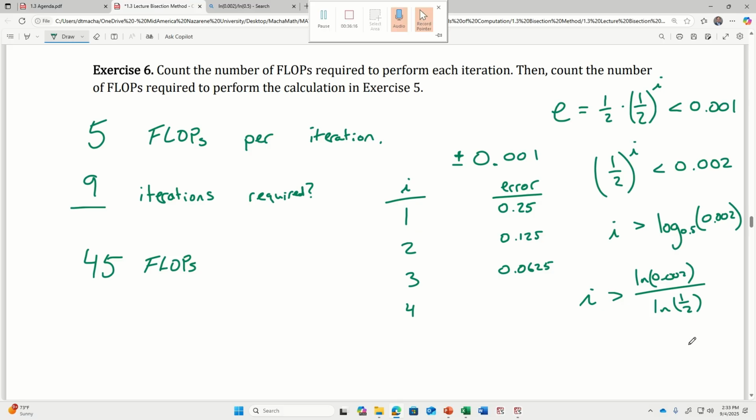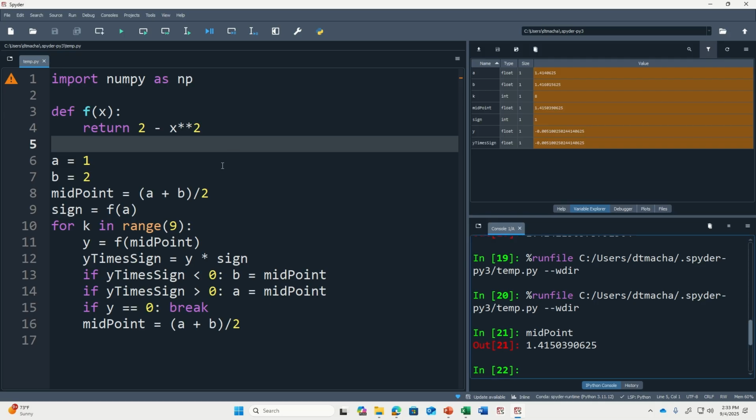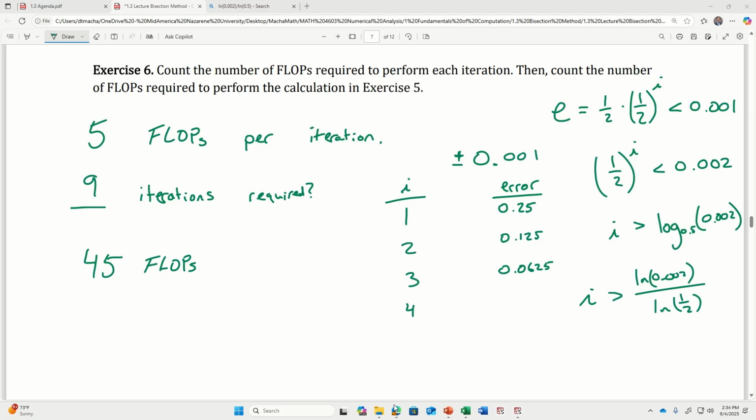And then if you want to complete this calculation, let's add up all the flops we have to do outside of the loop. To get the sign, we've got to do 1, 2, 3, 4, 5 more flops. And so like 50 altogether. That would be 50 total.